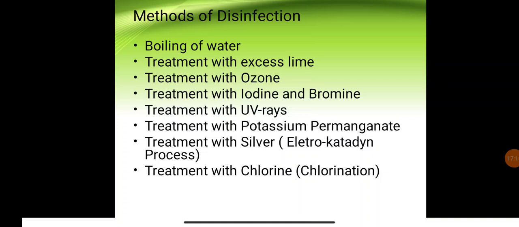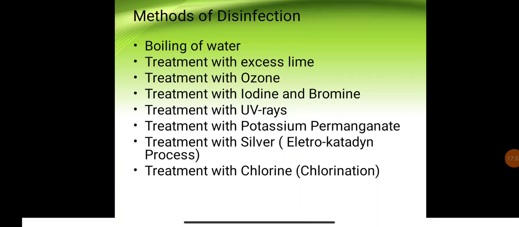This disinfectant also removes the algae, which is one of the major advantages. In the electrocatadyn process, it is able to remove the algae and take care of future contamination, but it is much costlier than the other treatment methods.